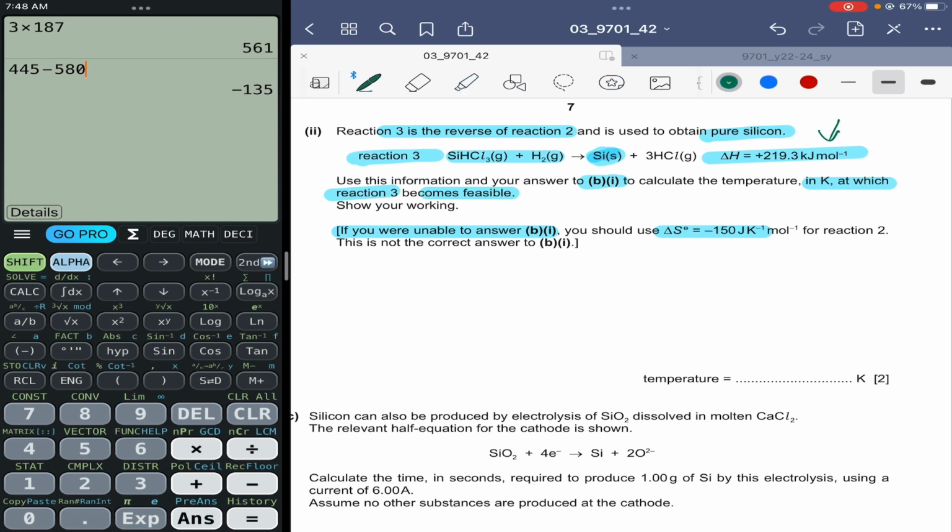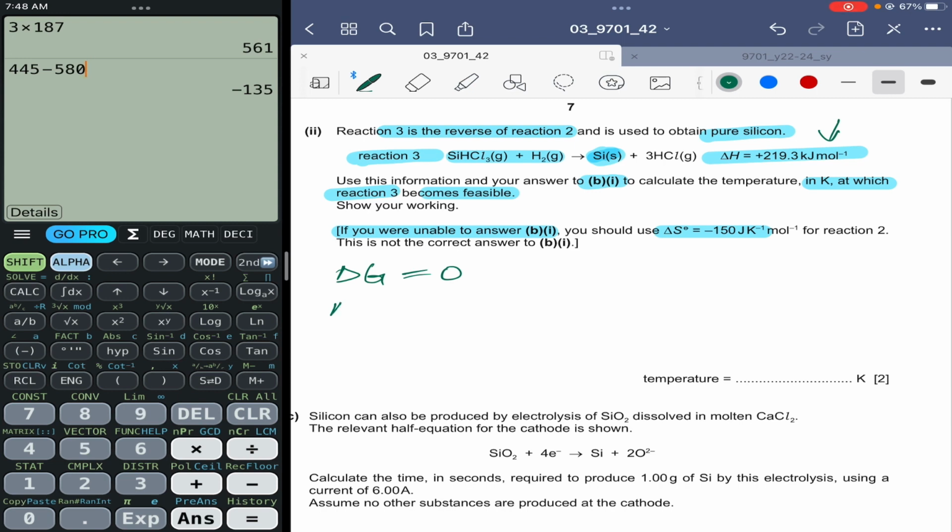So to determine the temperature at which this reaction would get feasible, we would use the statement that delta G is equal to 0. This is the condition for equilibrium, right? We just want to calculate the temperature for this condition, and above this temperature the reaction would be feasible.